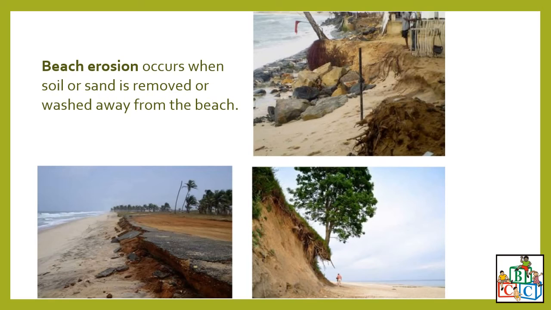Here you have some pictures on beach erosion. So beach erosion occurs when the soil or the sand is removed or washed away from the beach. So this is what happens. The beach becomes very dirty, not at all clean.